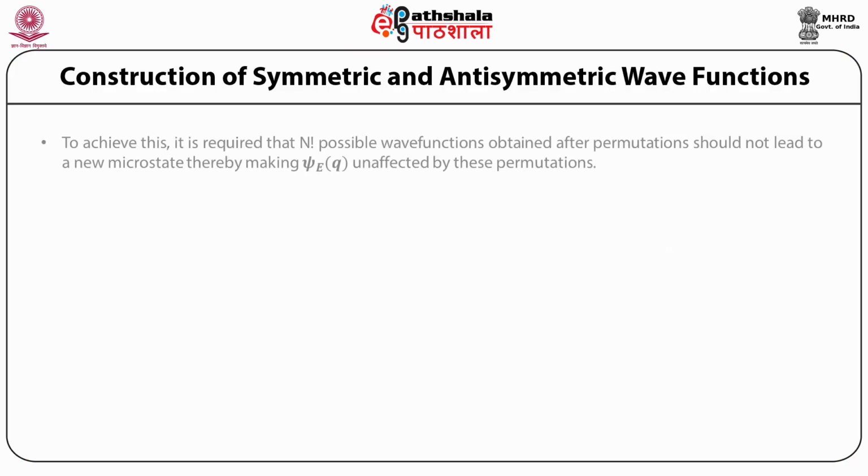What are the implications of this for the wave function described by equation 93? Permutations of the arguments shall lead to a mathematically and physically distinct state, but this is not desirable since mere interchange of the coordinates should not lead to a new microstate. To achieve this, it is required that the N factorial possible wave functions obtained after permutation should not lead to a new microstate, thereby making psi_E unaffected by these permutations.